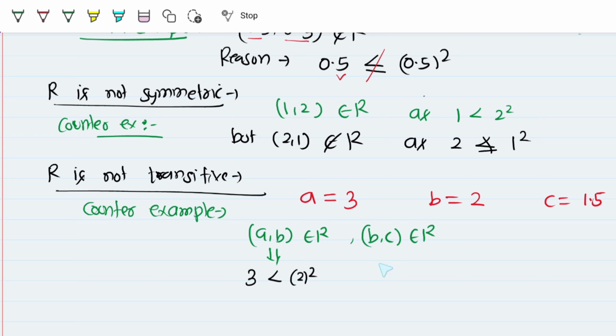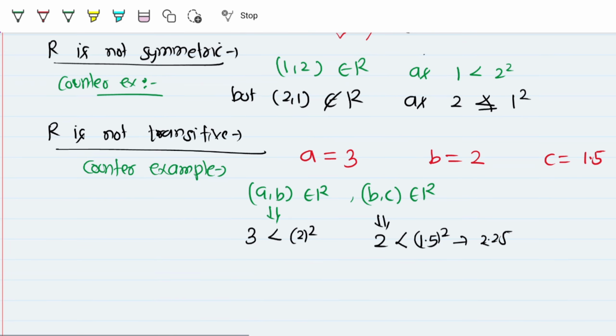So (A, B) belongs to R. Why does (B, C) belong to R? Because the B value is 2 and 2 is less than 1.5 squared, which is 2.25. So (A, B) and (B, C) are in R, but (A, C) does not belong to R. Why?